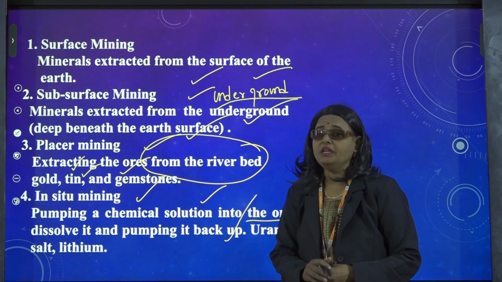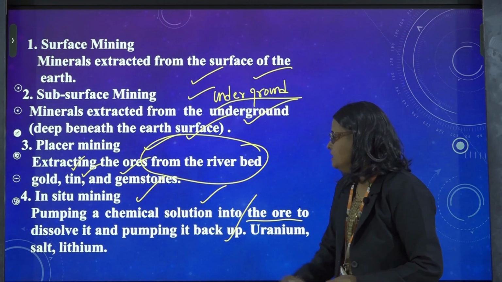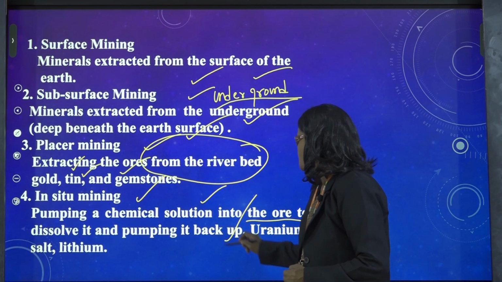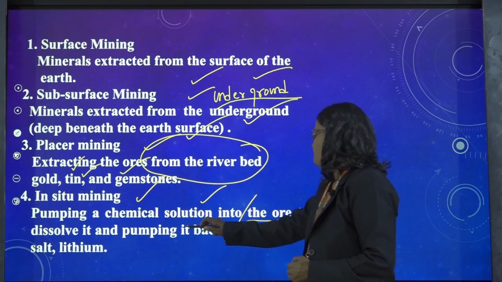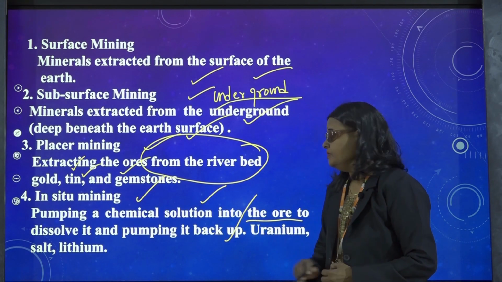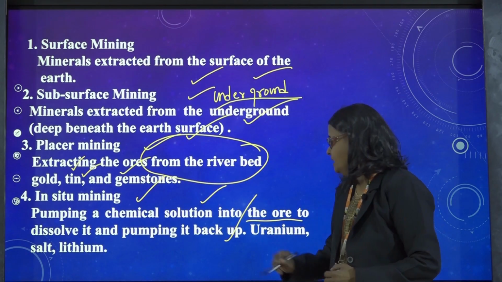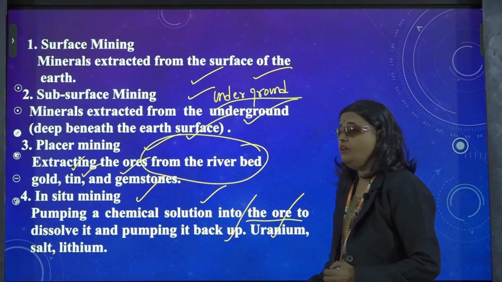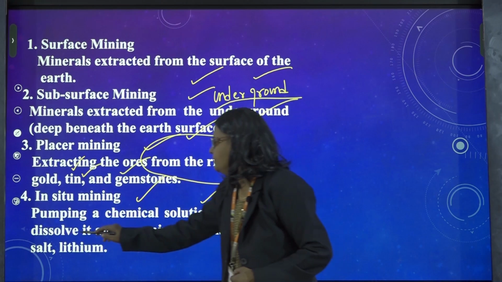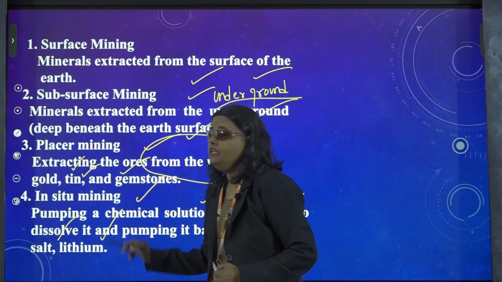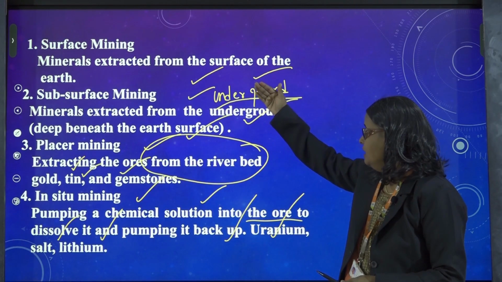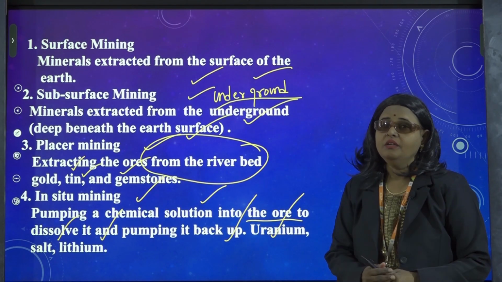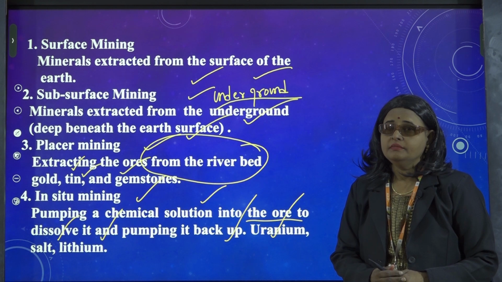I repeat, pumping a chemical solution into the ore to dissolve it and pumping it back up, that is in situ mining. Examples you can give are uranium, salt, lithium. Is it clear? So, these are the different types of mining.